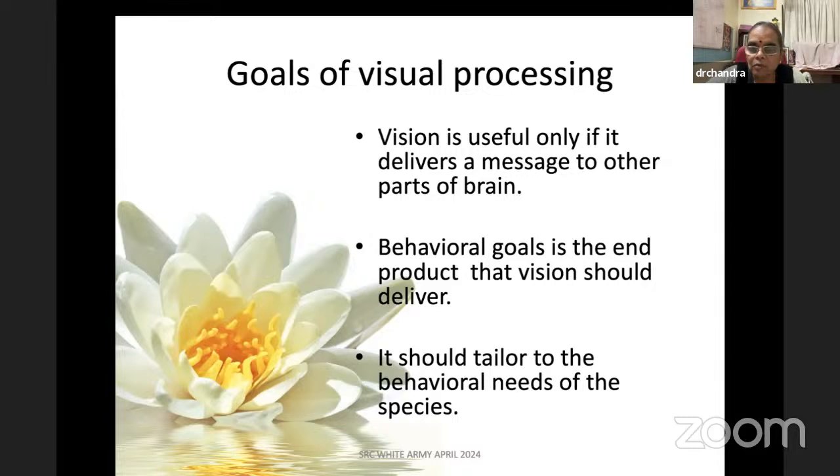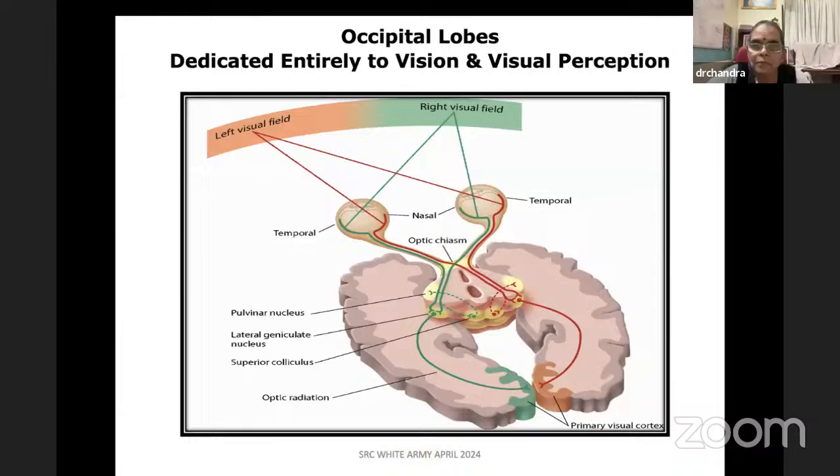Whereas if it is a beautiful thing which you like, you will get attracted to it and move accordingly. So that is the behavioral goal, the end product that vision should deliver. And it should be tailored to the behavioral needs of the species. Each species has different needs, and that need should be tailored. That is how higher visual processing takes place.